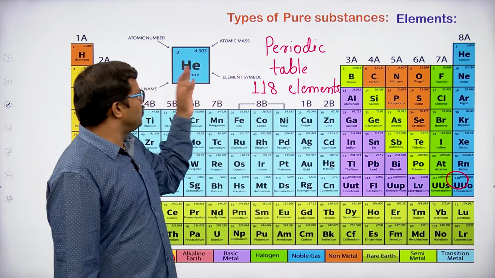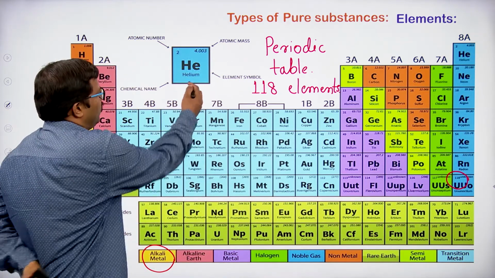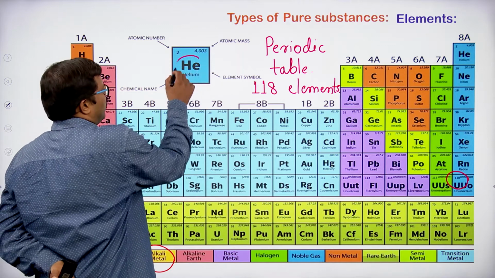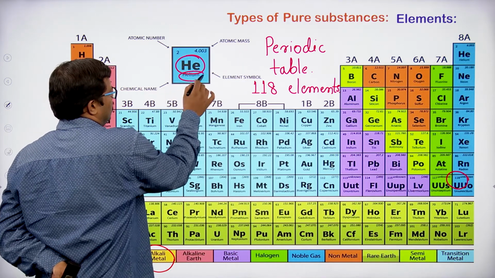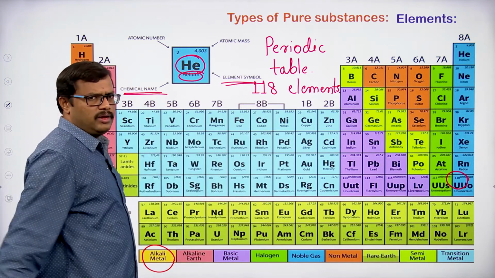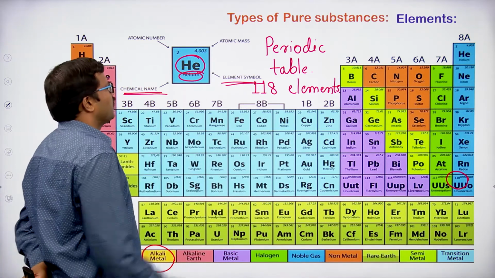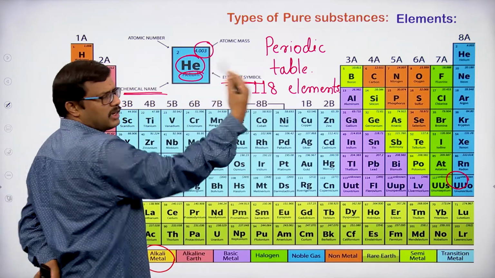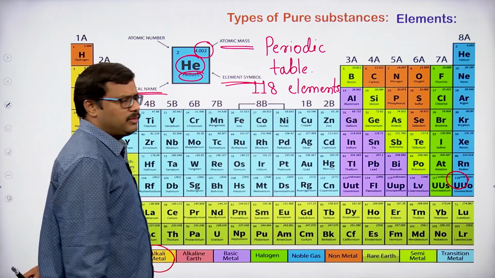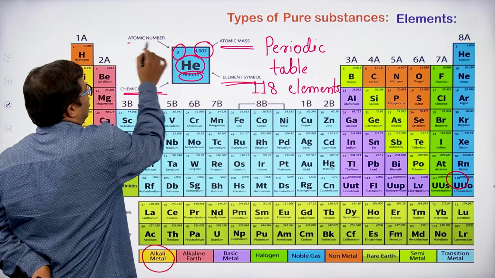If you observe here, one of the elements is shown a little bigger in size. The symbol is written here and its name is written below it. So, we represent the element symbol, and the chemical name is given for the particular element. At the top right, the atomic mass, the mass of the atom, is given, and on the left we have the atomic number.